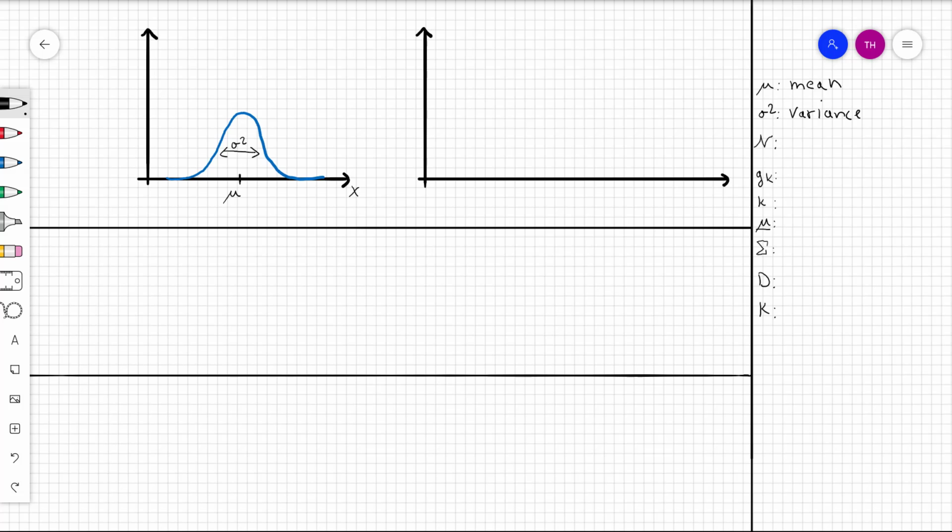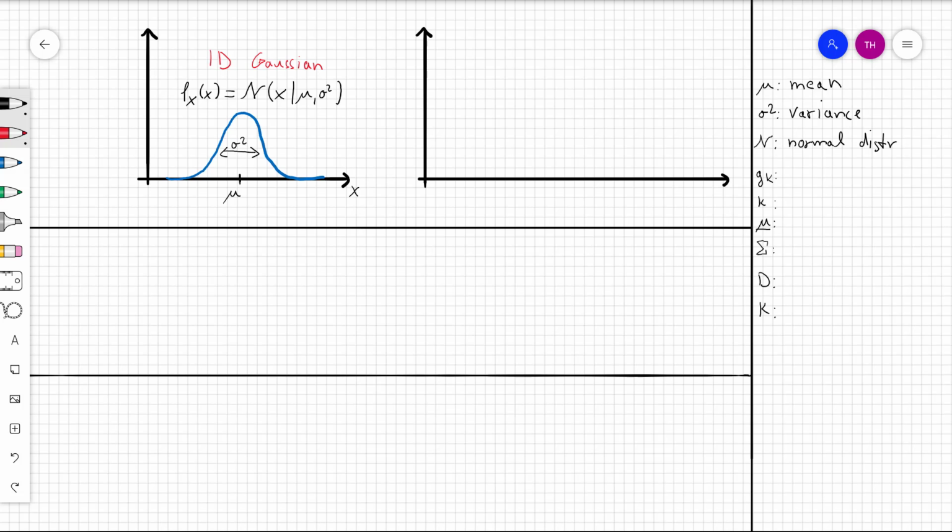And we know that with only those 2 quantities, we can describe the entire distribution. So f_X of x equals the normal distribution of x given by mu and sigma squared. And as a reminder, this stylized N represents the normal distribution. And what we just looked at here is a 1D Gaussian or normal distribution.